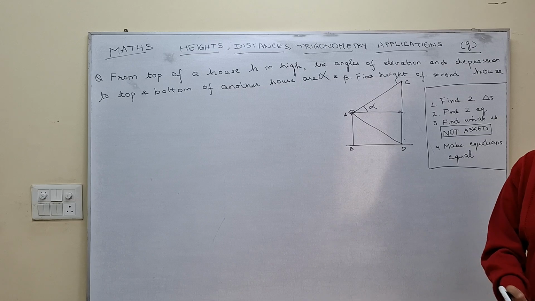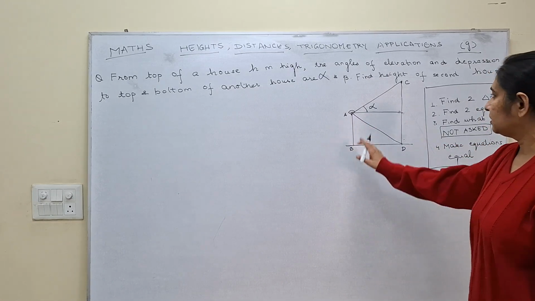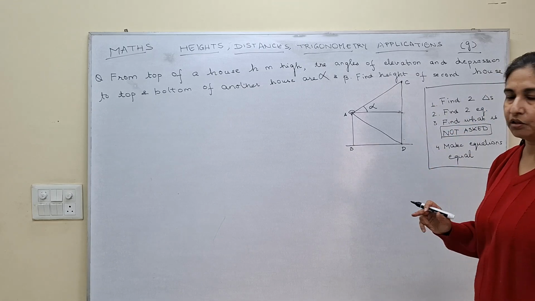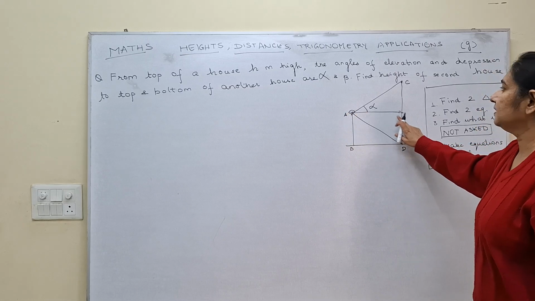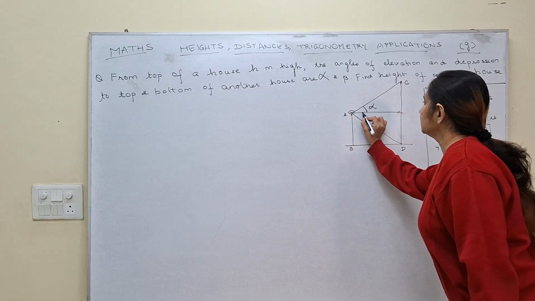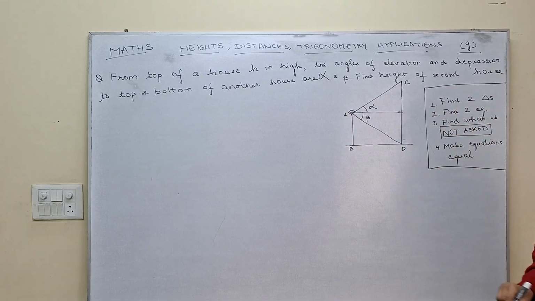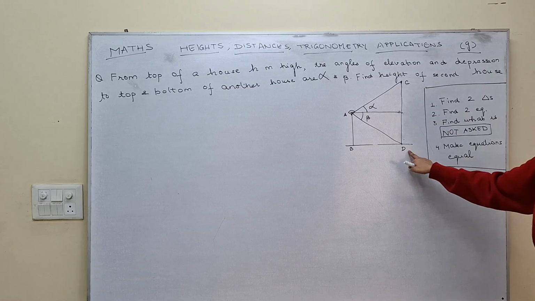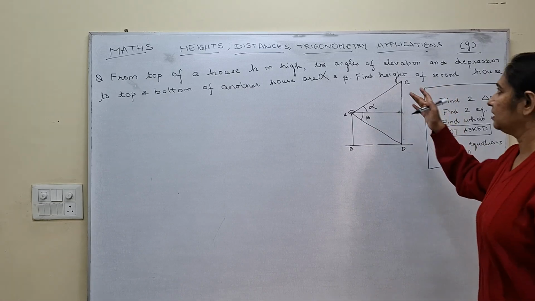The angle of elevation is alpha and the angle of depression is beta. How will you find the angle of depression? From the eye itself, there have to be two lines, slanting and horizontal. So we have a slanting line and a horizontal line. You can call this beta. And this is looking down. From here we have to look down to look at point E. So this is depression. Fine.